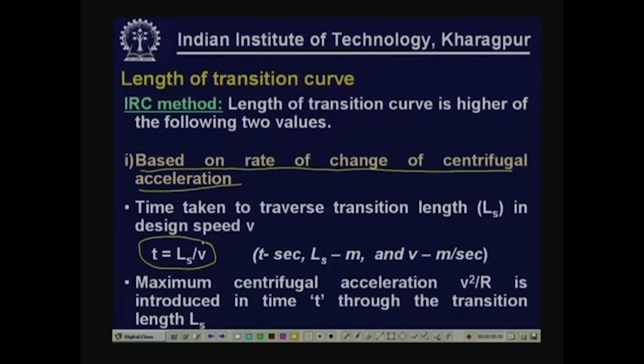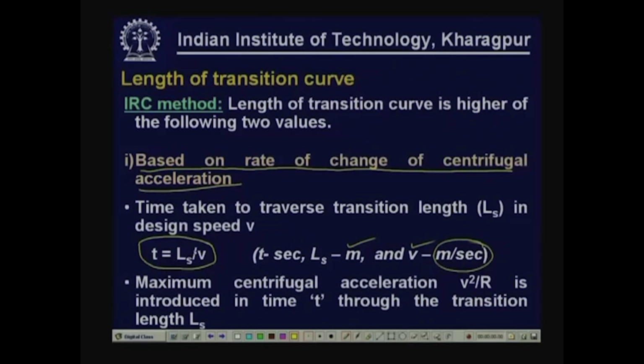T is in seconds if Ls is in meters and the speed of the vehicle V is in meters per second. So, T equals Ls by V.